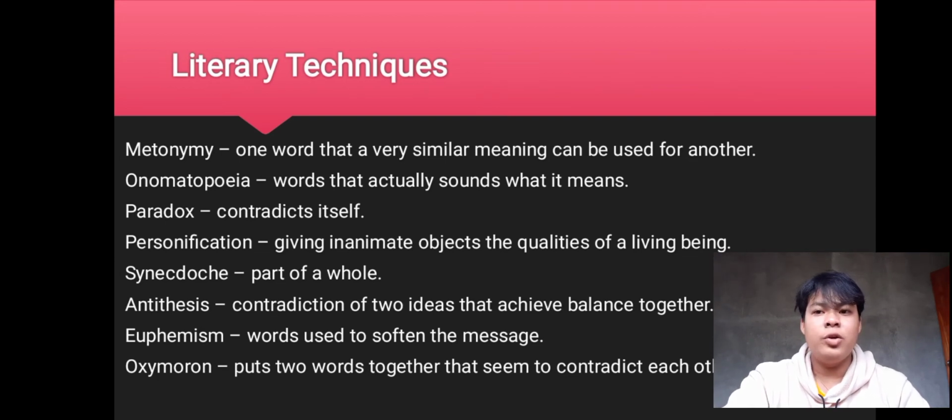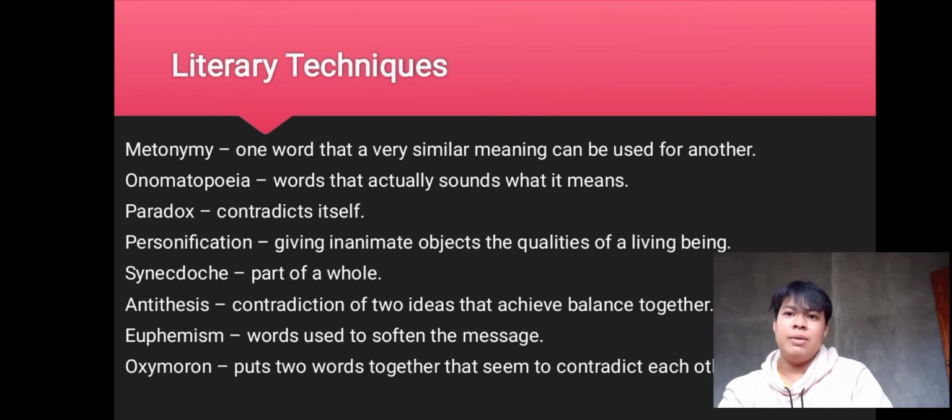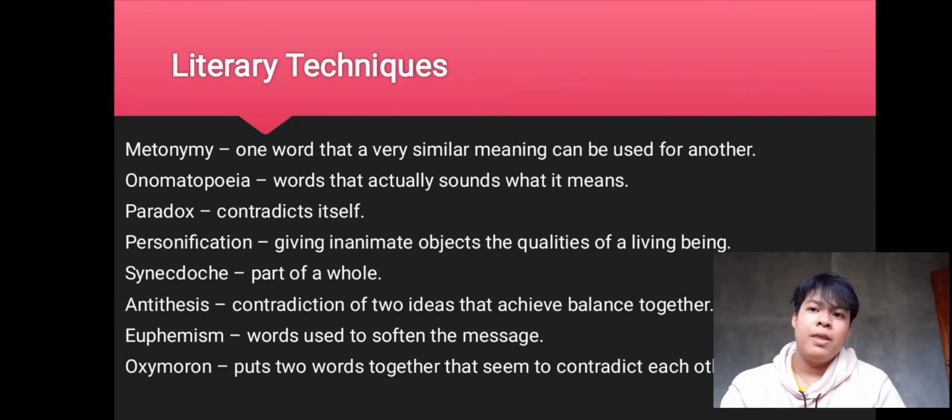When you encounter the word academics, you can easily figure out that it associates with school, college, university classes to be exact, or studying. So that is what metonymy is all about. It is how you associate words with other objects.